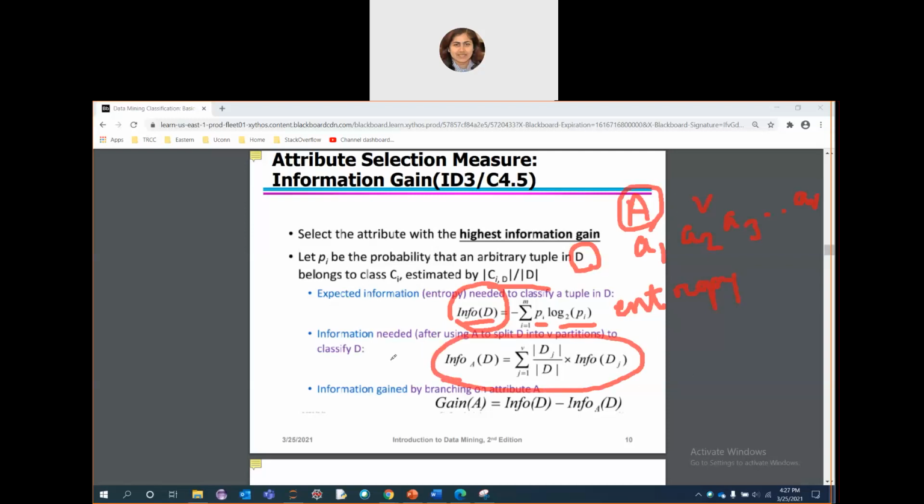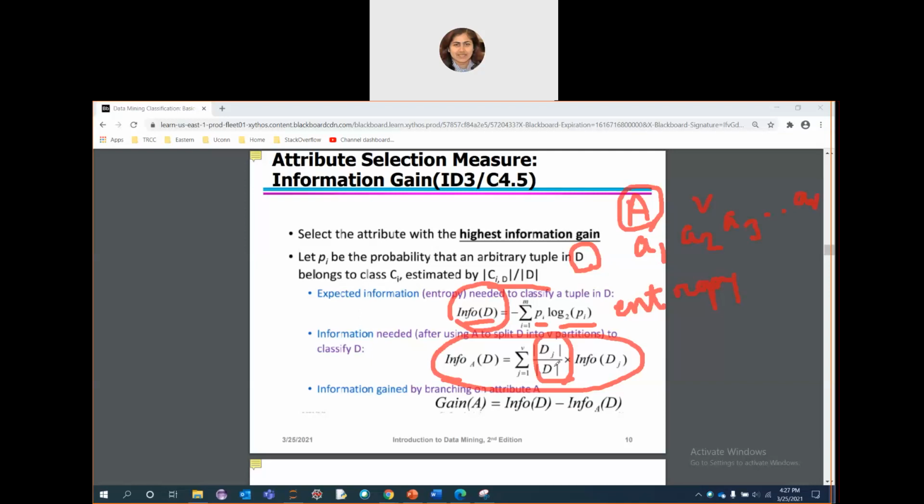Okay, so this is the information needed after using attribute A to split D into partitions to classify D. So what does it say? The term |Dj|/|D| acts as the weight of the jth partition, which partition you are considering.